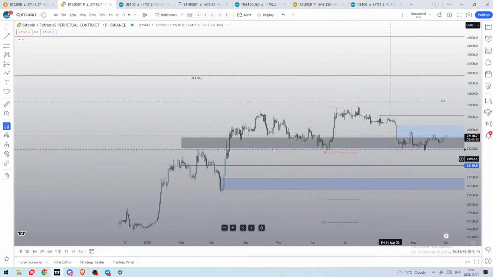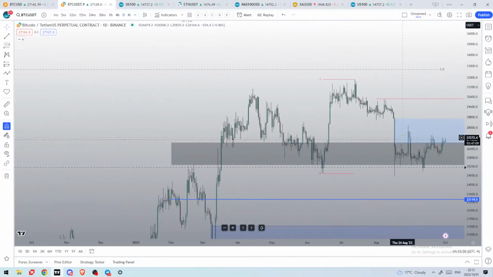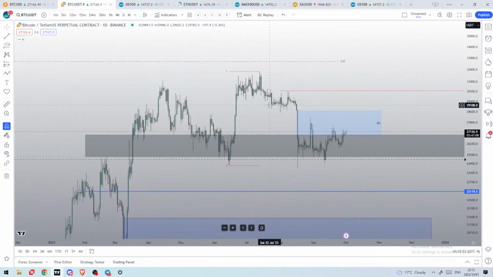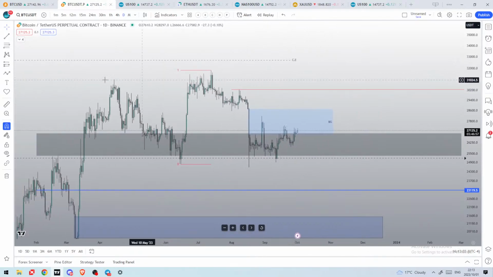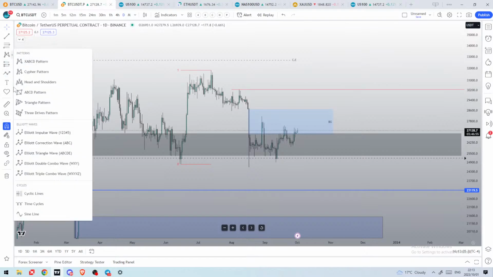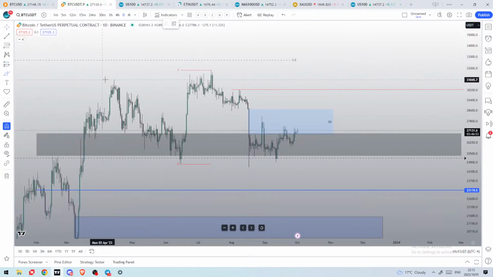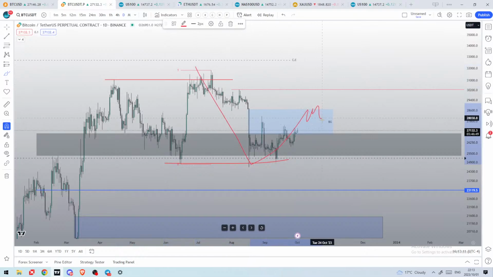So for now, 3250 on a monthly level. We should want to come out and take this high out here. 32.50 monthly high. Again, it does look like a dealing range, right? We took buy side here, we took sell side here. Here's your dealing range. Whatever it does inside here should be retracement. Look for the change in the state of delivery, and then we want to head lower like that.